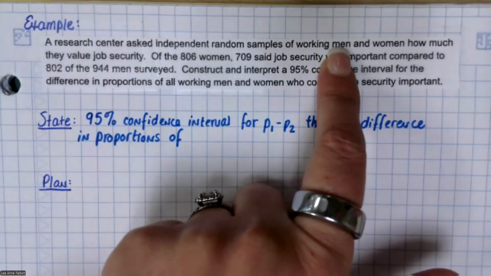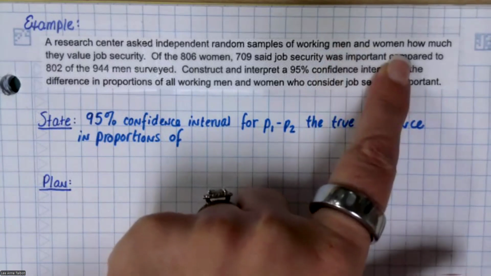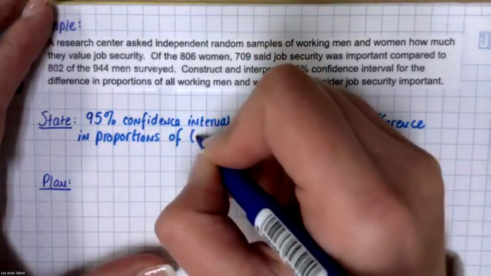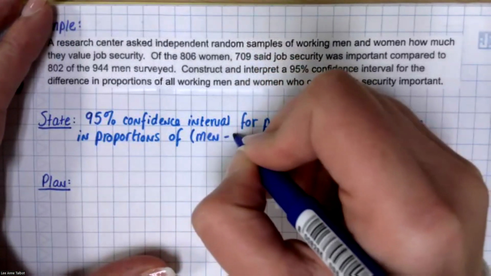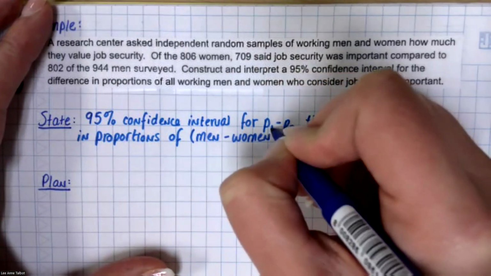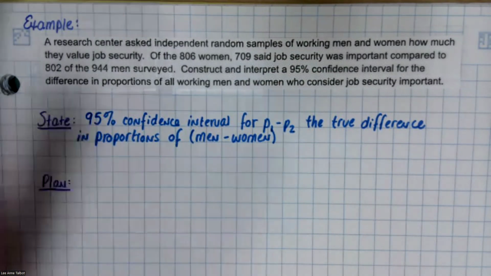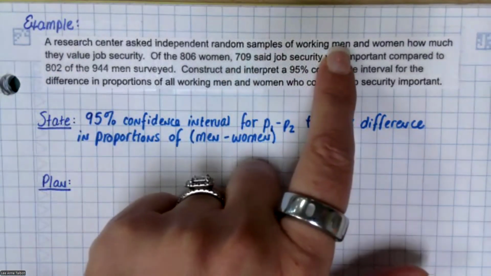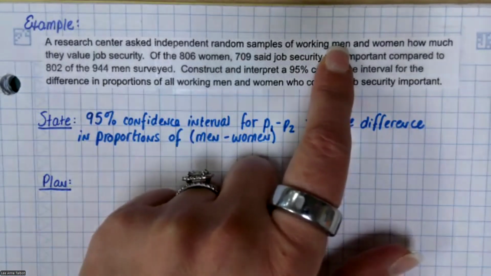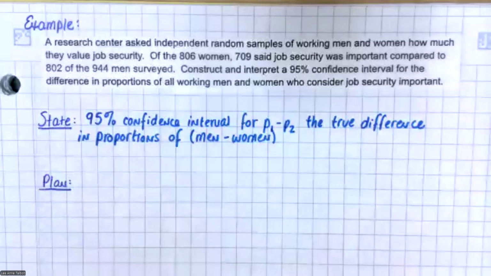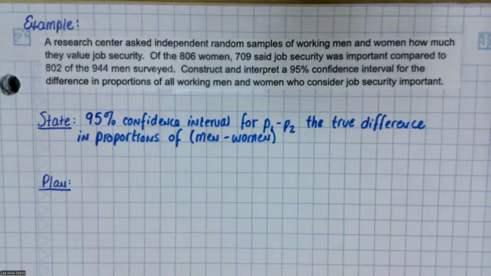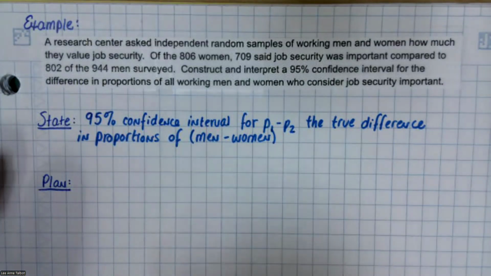It says random samples of working men and women. So I'm going to say men minus women. If you hate that, you could do women minus men, and I would have to have that correct answer on my answer key also. But I'm just going to choose the first one that they say to be 1 and the second one that they say to be 2. Really scientific there. Okay, anyway.